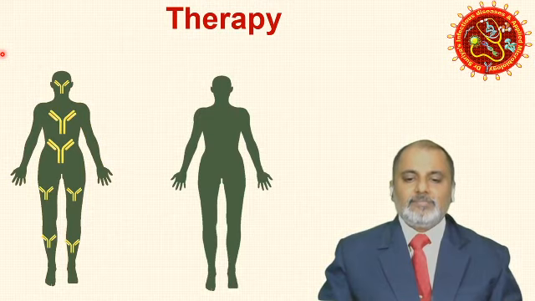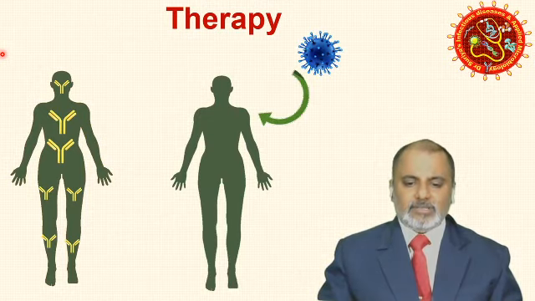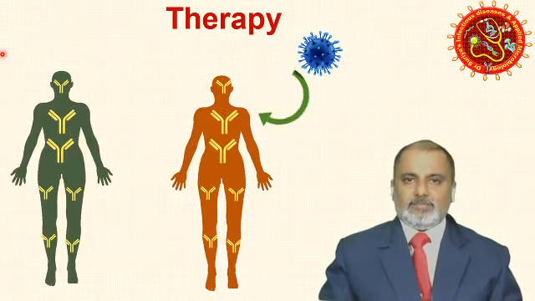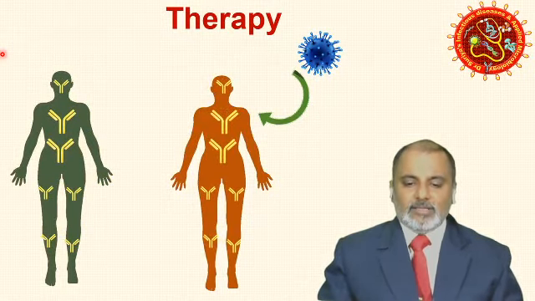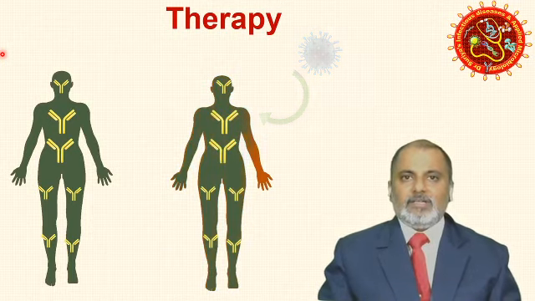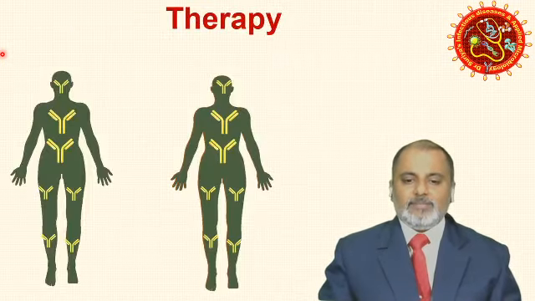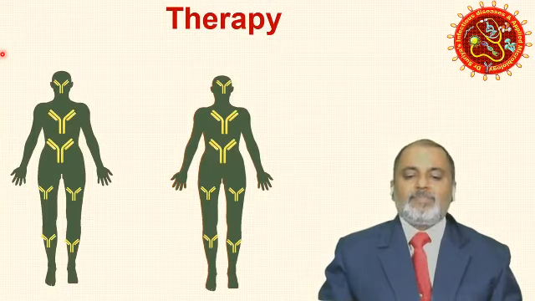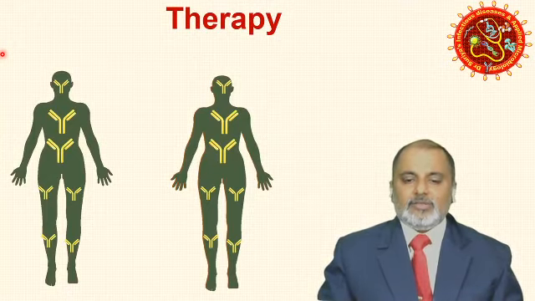Another person, the virus infects him, he may be an elderly person. So what happened? He will develop COVID-19. It may take some time for the development of antibodies. What will we do? We will transfer the antibodies from the convalescent to the diseased person. So what will happen? These antibodies will neutralize the action of the virus and he becomes cured.